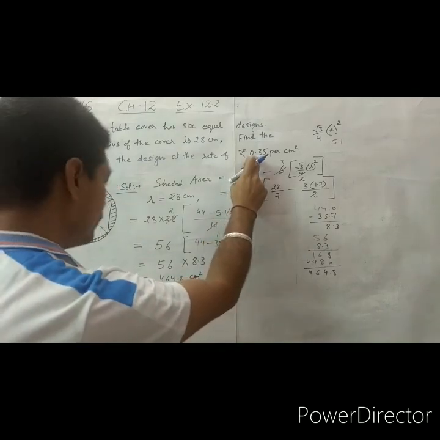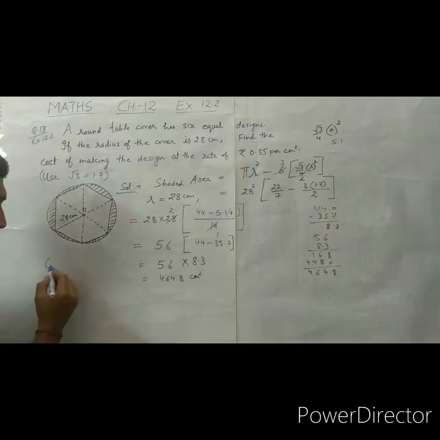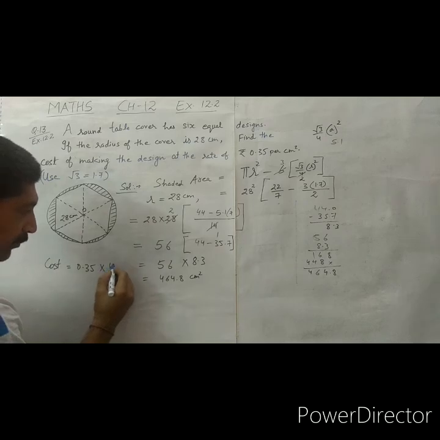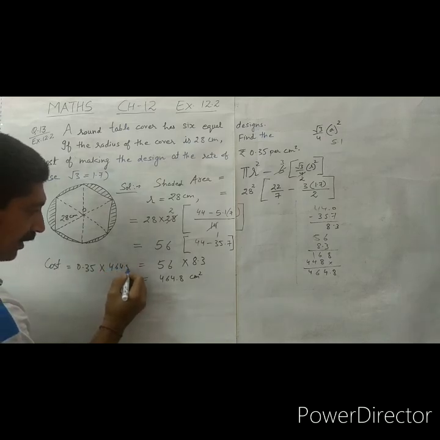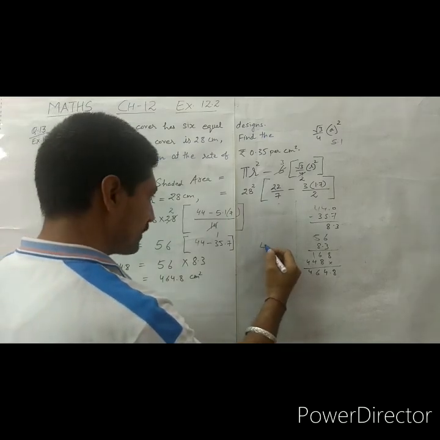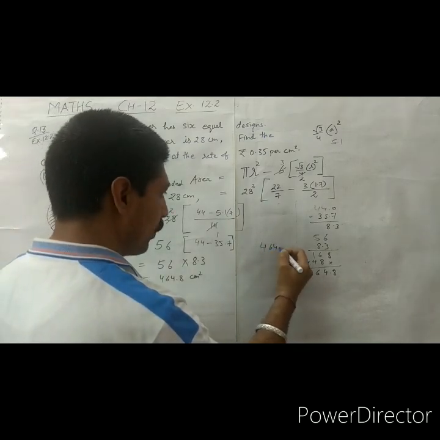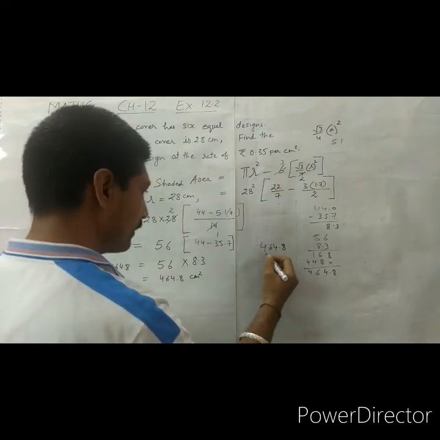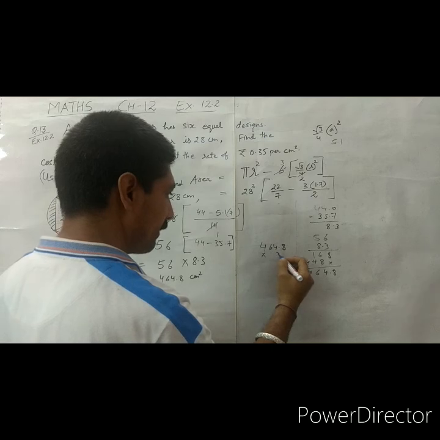So the rate is given. So cost is equal to 0.35 multiplied by 464.8. So again multiply here, that is 4648 multiply by 35.